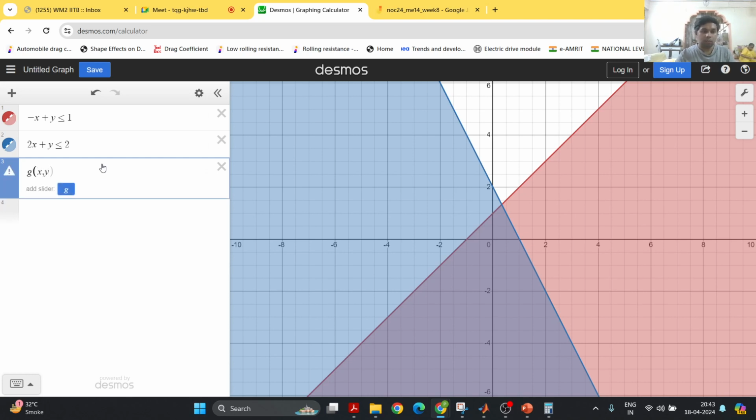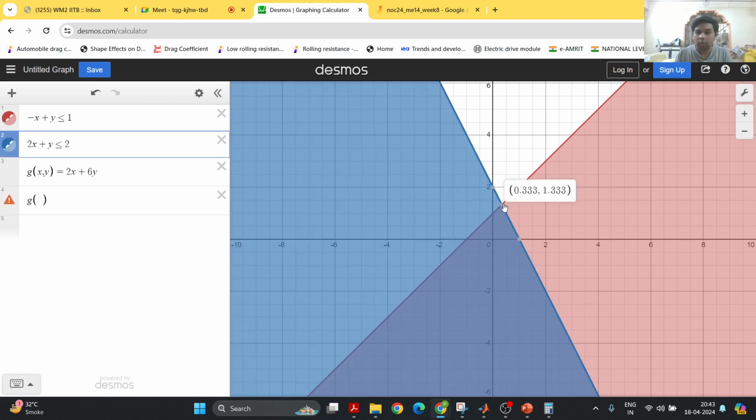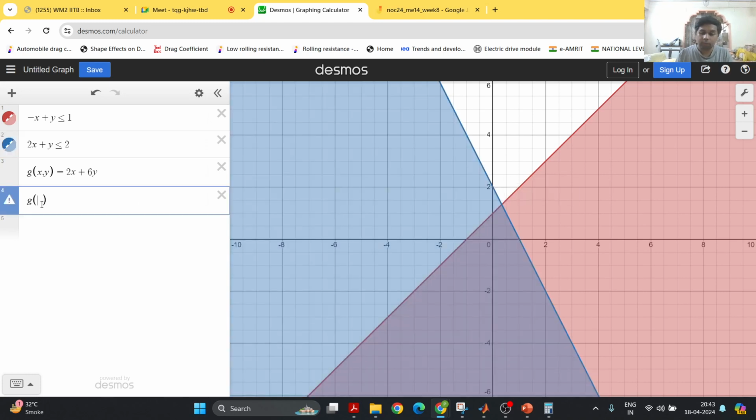Maybe once we get these intersection points, we have to do it on Excel or something. Okay, now whatever intersection points you got, put them as g of those values in the next line. You got the intersection points, right? G of 0.333, comma... Okay, you see, it has given you the value.